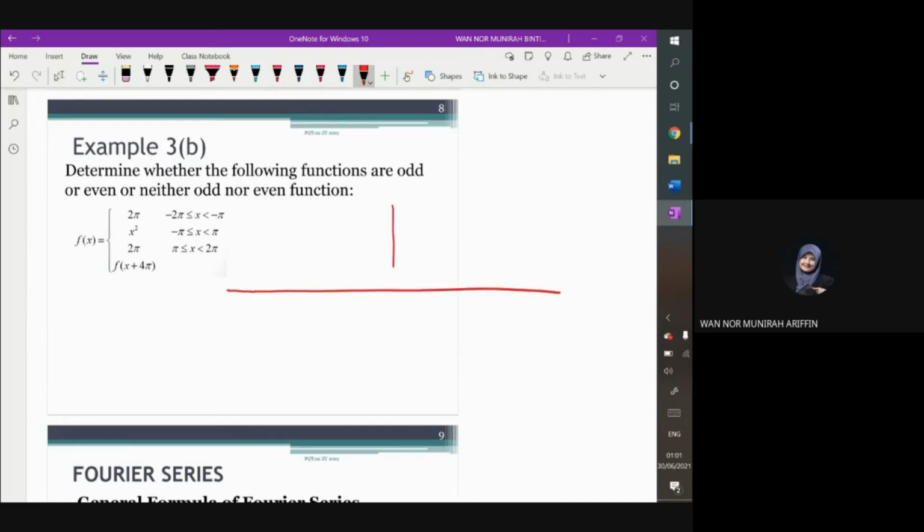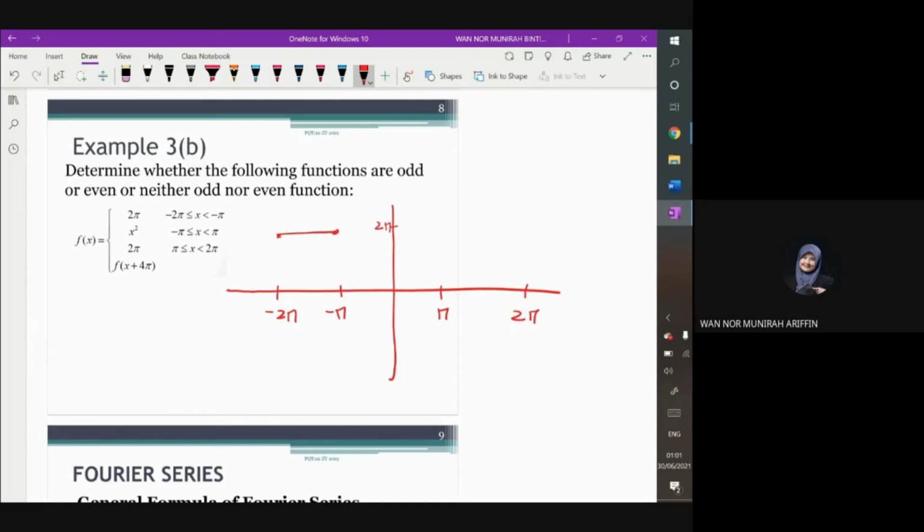From negative 2 pi to negative pi, and then from negative pi to pi, from pi to 2 pi: 1 unit, 2 units, and another 1 unit. So f(x) from negative 2 pi to negative pi, you have 2 pi. So this is the graph.